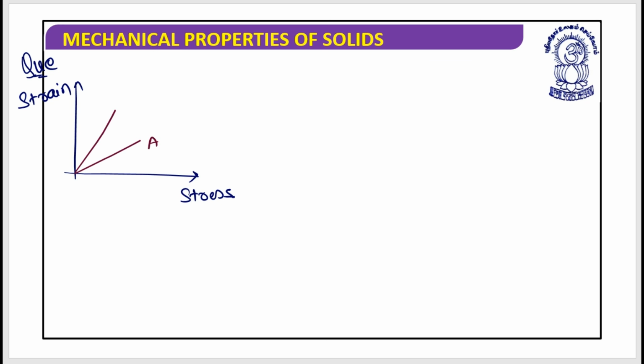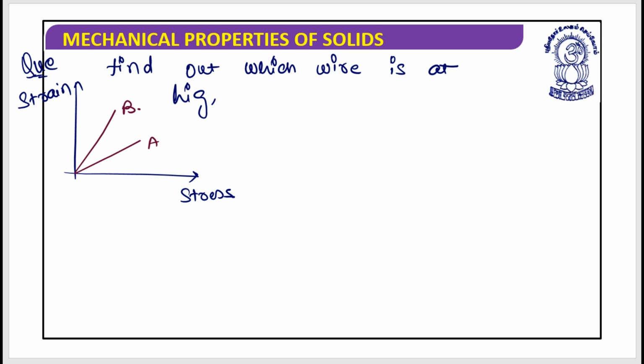This would be A, and this would be B. They will ask the same thing: find out which wire is at higher temperature. This is the requirement. You need to find out which wire is at higher temperature.